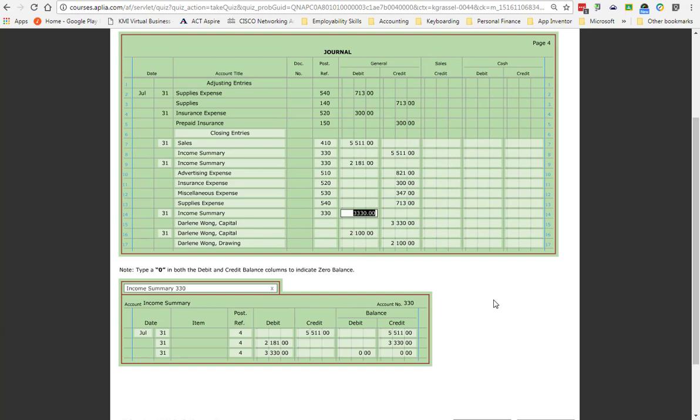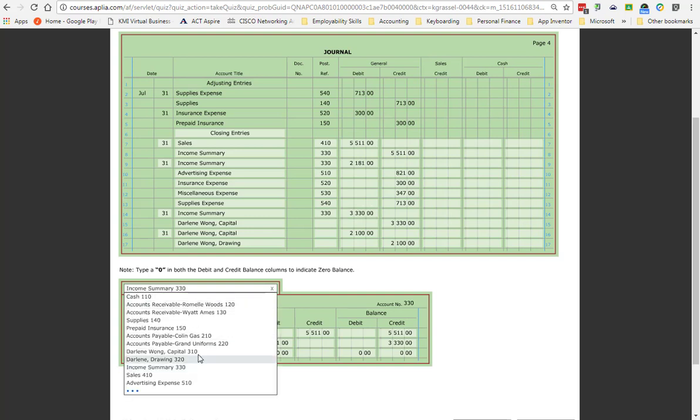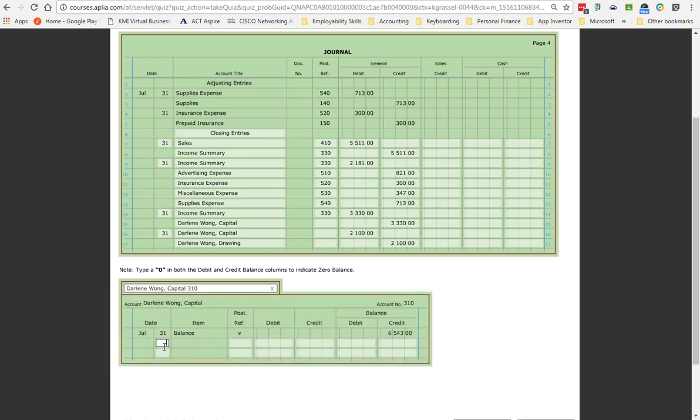That $3,330 relates to my net income, so therefore I have to go through and take that net income and put it into my capital account. Put the date of the 31st, post reference of 4, and I'm going to credit capital $3,330. It previously had a credit balance of $6,543. So I'm going to add that together.